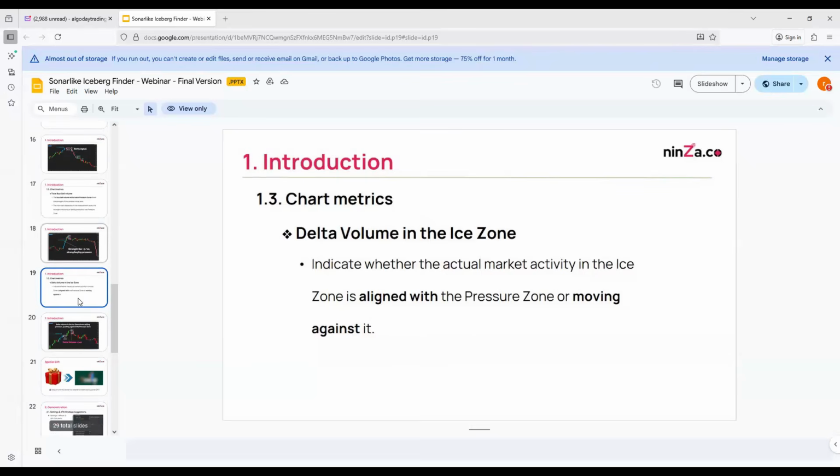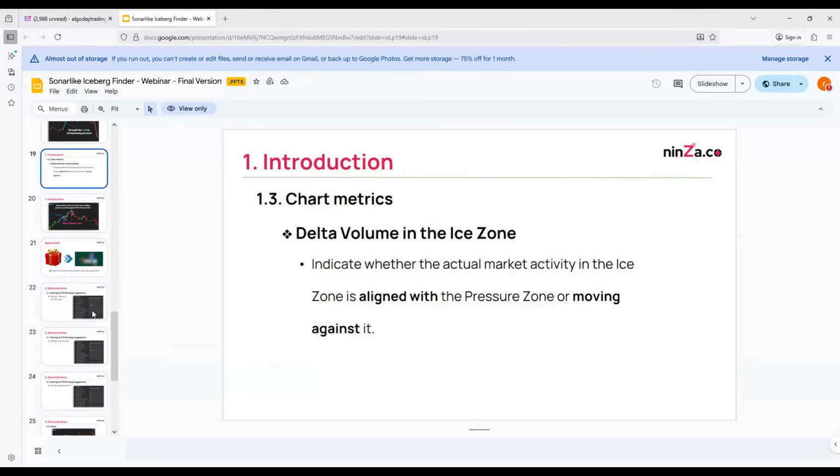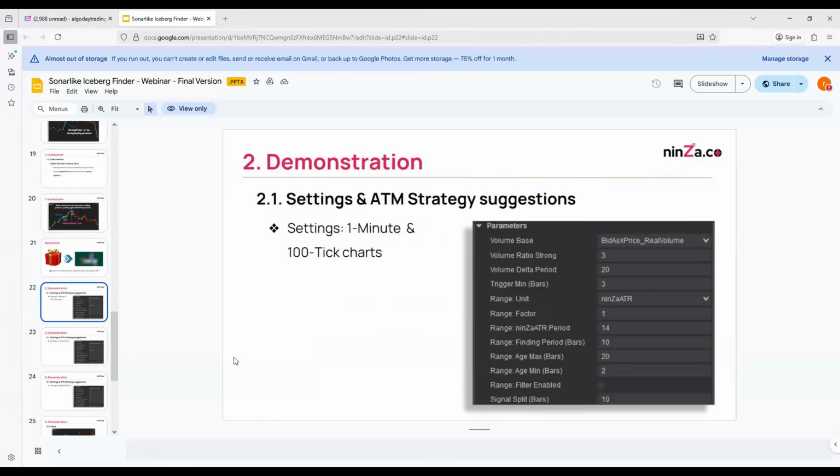So now we know everything about this indicator. These are the settings that they sent me. So for 100 ticks, if you want to trade 100 tick, smaller time frame, I took a look at it. Again, just not my style for this kind of indicator.